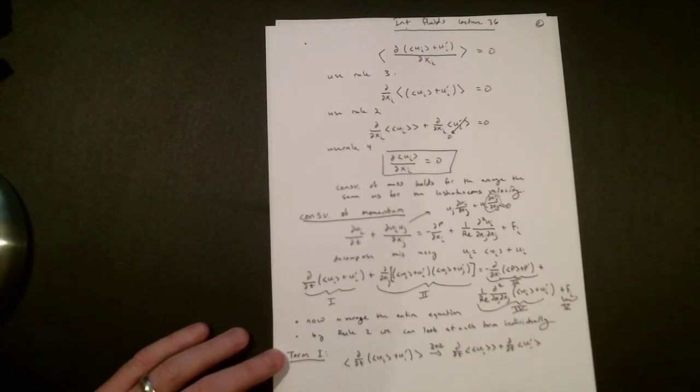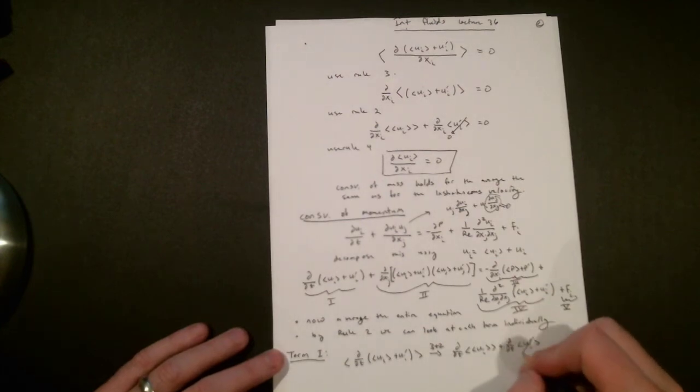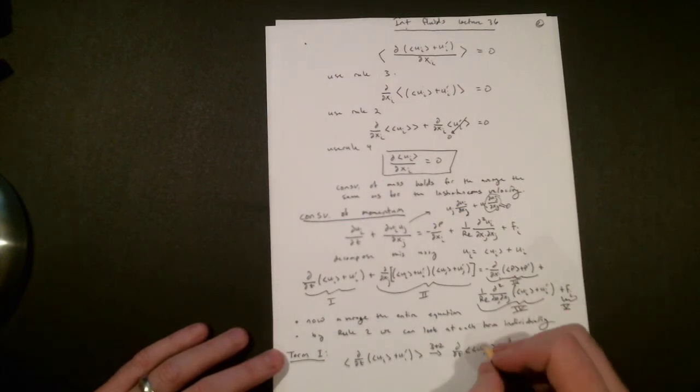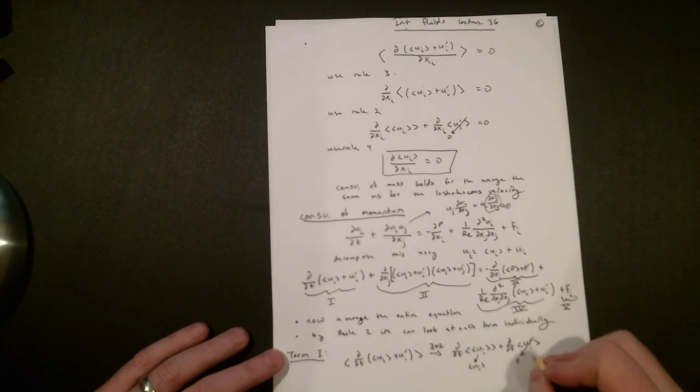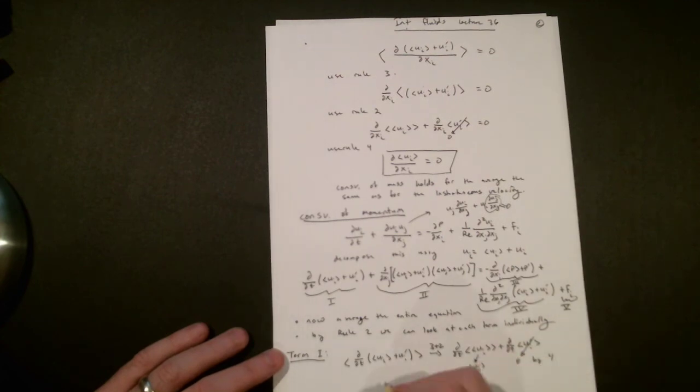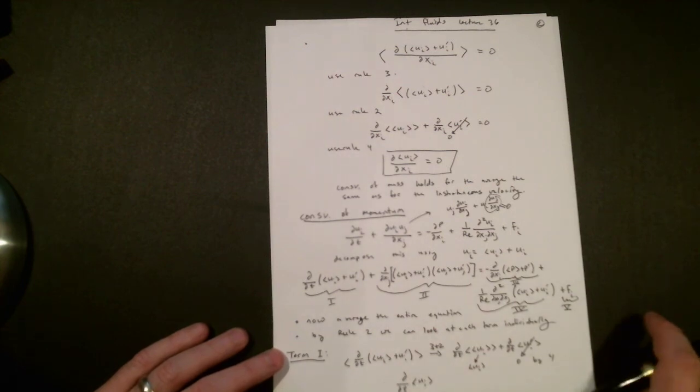And now by rule 4, we know that this is 0 and that this is just ui bar. So in the end, term 1 reduces down to the partial derivative with respect to t of the ensemble averaged ui.